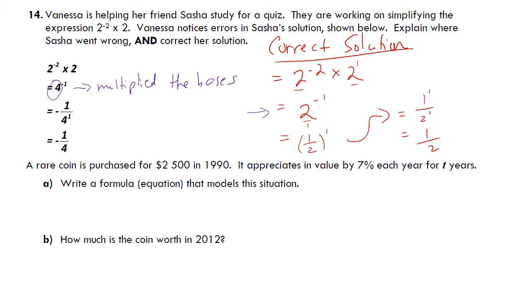So she realized she had a negative exponent, so she flipped it. That was good. She made her exponent positive. That was good, but she threw out this negative out front. So no negative out front. And then her solution based off of her wrong work was correct. So she made 2 mistakes, multiplied the bases, and then she put a negative out front. And we have our correct solution to back that up.